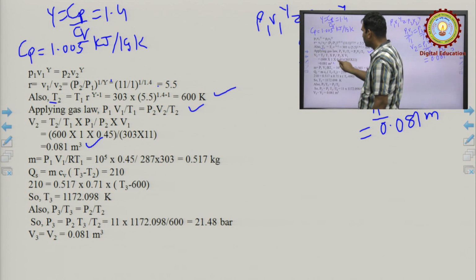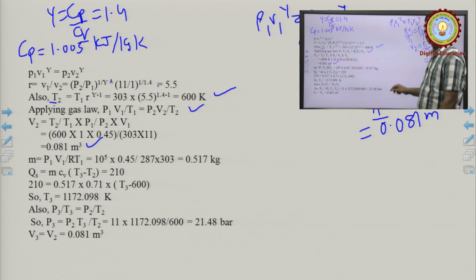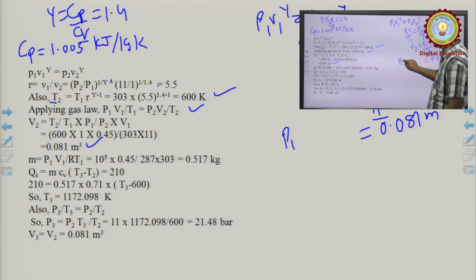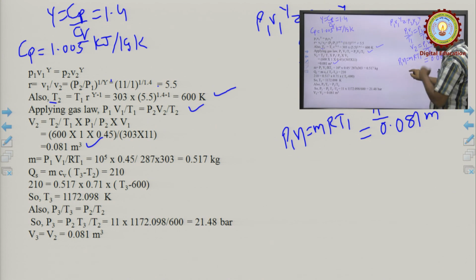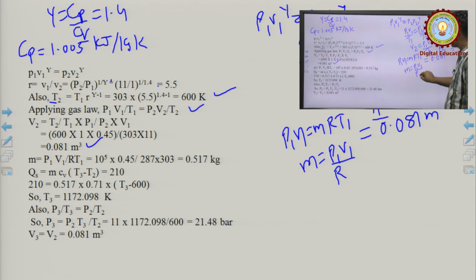That is V2, and from the ideal gas equation P1 V1 is equal to m R T1. So from here m is equal to P1 V1 upon R T1, where P is the pressure, V is the volume, R is the gas constant and T is the temperature.